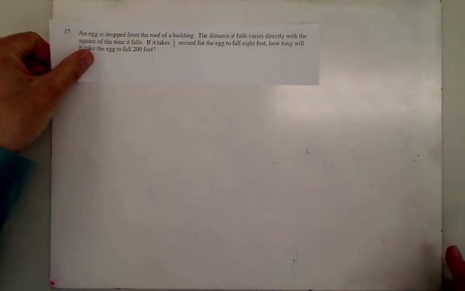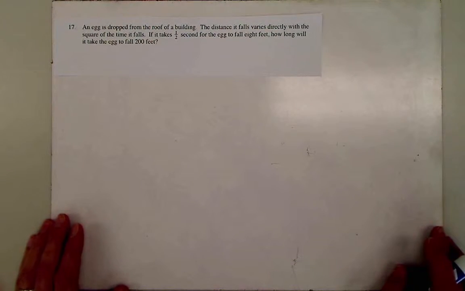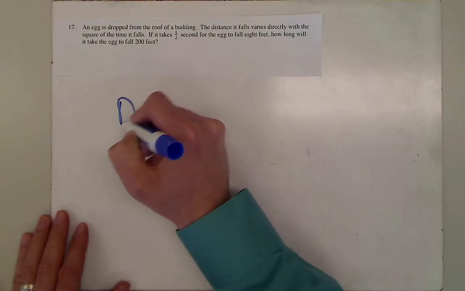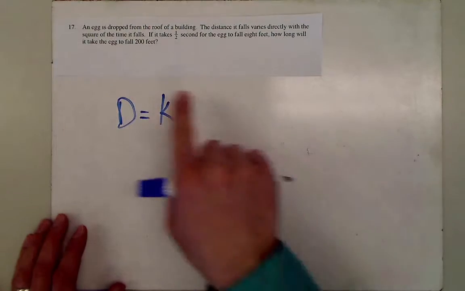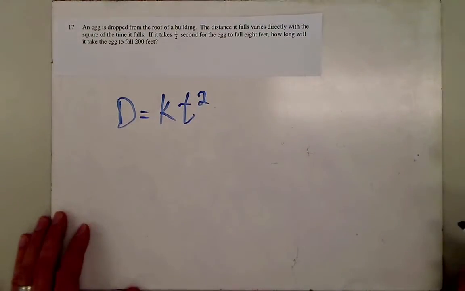One last example, just one slight variation. You can also have some of your variables being squared. So you drop something and the distance that it falls, so distance varies directly, so K times a quantity, but now it says the square of the time, so T squared.